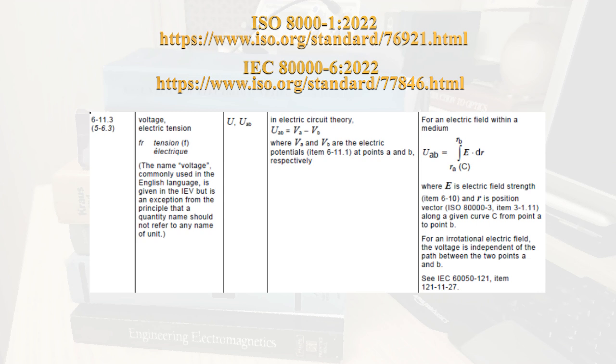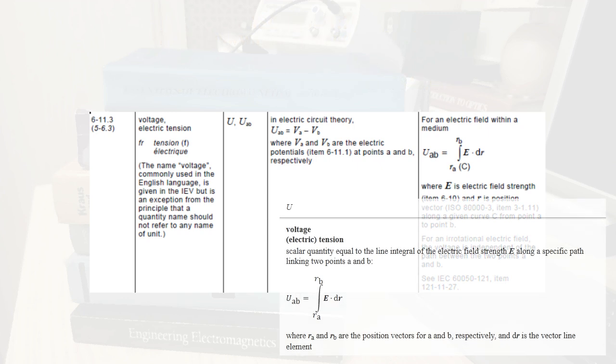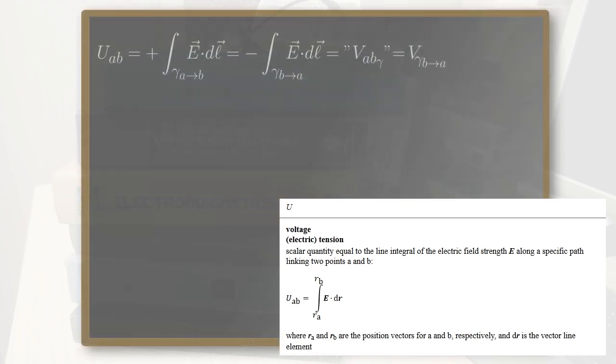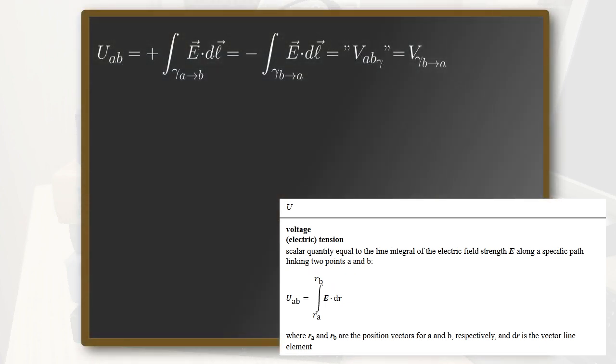But I will focus on the IEC documentation because it is freely available via the Electropedia website. The IEC notation U sub AB with the integral computed from A to B would be named V sub BA in our shorthand notation and V gamma from B to A in our full notation.